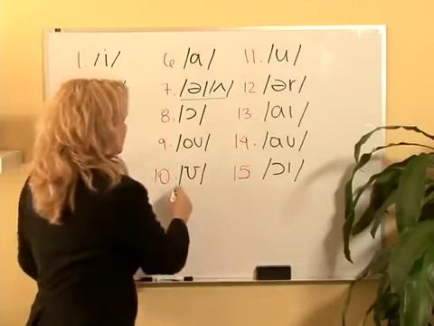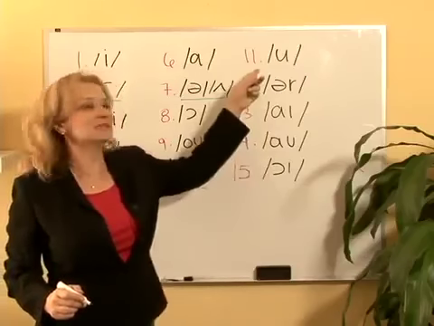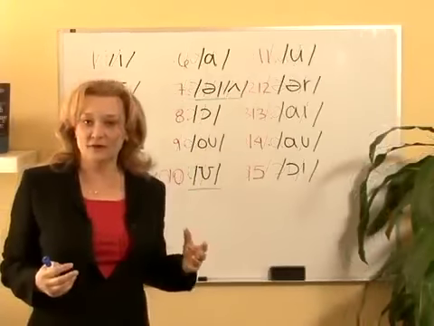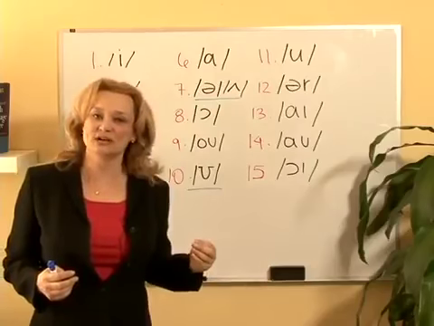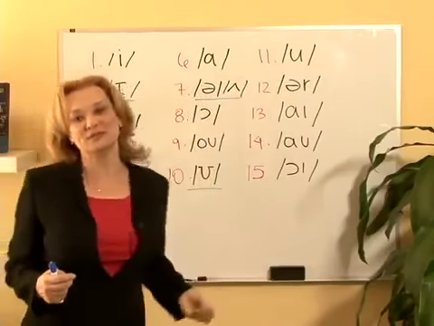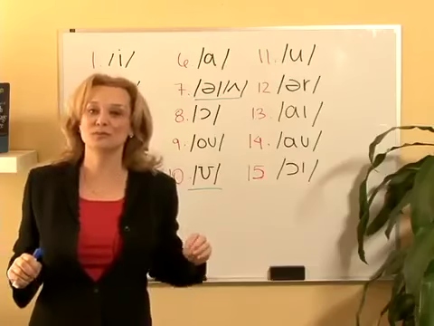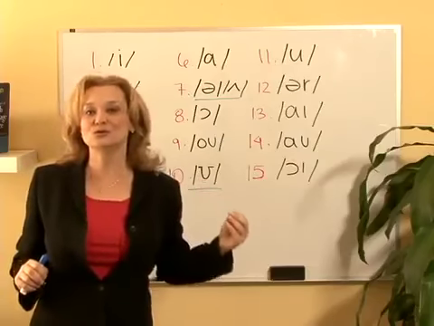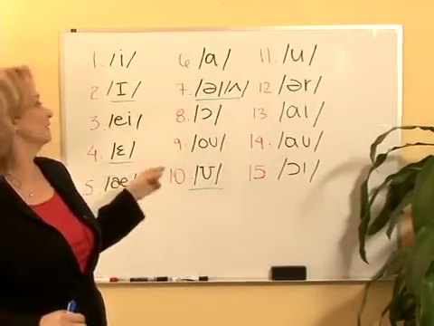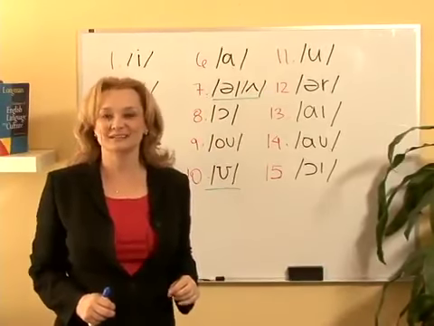And the fourth one is uh. We don't say book, we say book. In the following lessons, you will have a chance to learn in detail the differences between some of these very confusing vowel sounds. But for now, I want you to remember the 4 main neutral vowel sounds. Okay, let's get started.